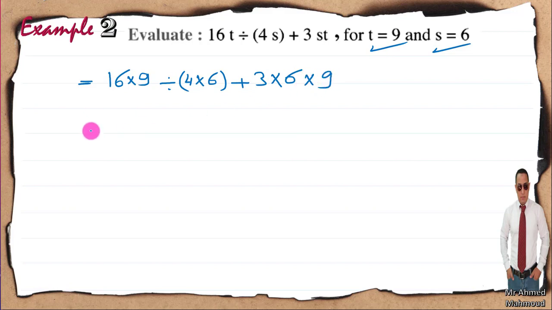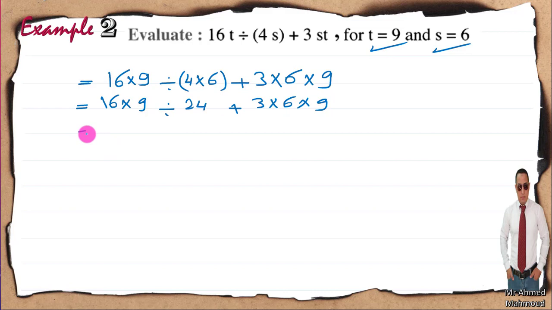Like this. Okay. In this operation, I have times, divide, bracket, times, plus, times. So I'm going to start with the brackets. 16 times 9 divided by 4 times 6, 24, plus 3 times 6 times 9.